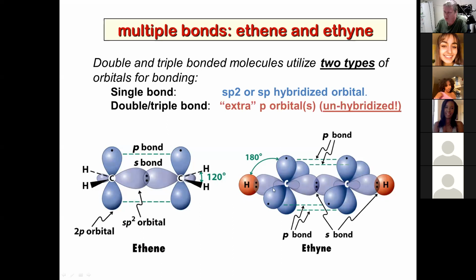So this looks pretty crazy, but it's not that hard to understand, right? Three bonds: you have the sp bond, and then the two additional bonds, which are in the unhybridized p orbitals. Okay, cool.